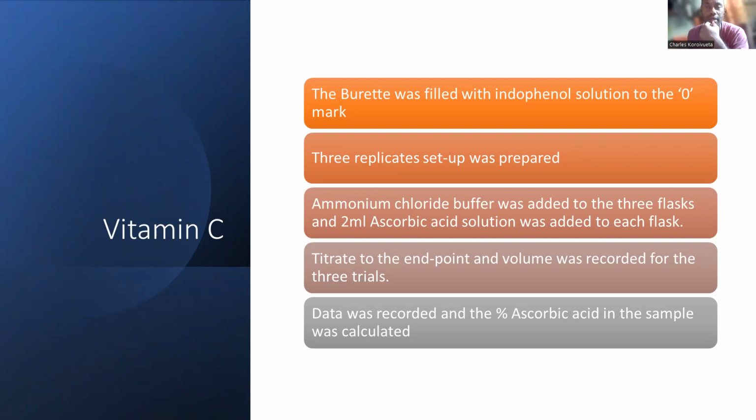A 3-replicate setup was prepared. Ammonium chloride buffer was added to the 3 flasks, and 2 ml of ascorbic acid solution was added to each flask. It was titrated to the end point, and the volume was recorded for the 3 trials. Data was recorded, and the percentage of ascorbic acid in the sample was calculated.